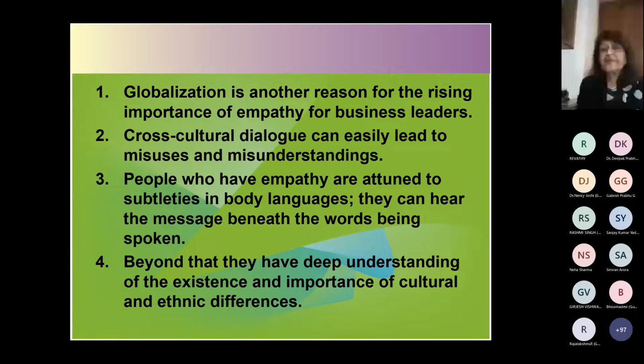There is cross-cultural dialogue. And remember one thing, the 3 V's of communication. We have to understand communication: the visual, the vocal, and the verbal. There might be a lot of hidden cues in that. And we have to understand the ethnic and cultural differences which are there.